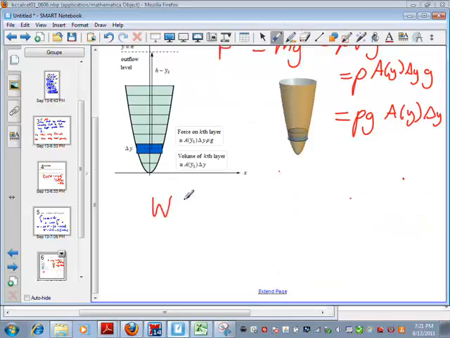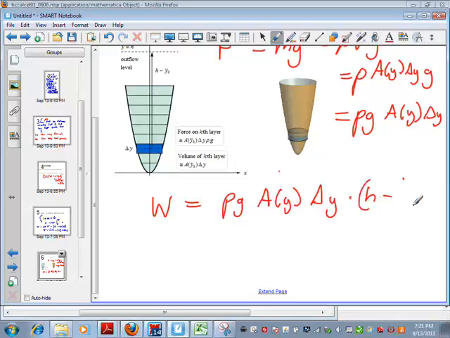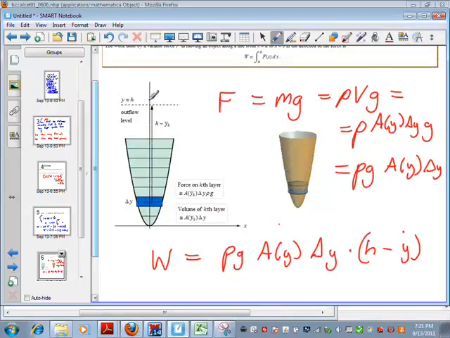So the work for this piece is rho times gravity times the area times delta y, times the distance. The distance is the complete height minus wherever I am. If I'm at height y and need to go all the way to height h, I need to drag it h minus y.